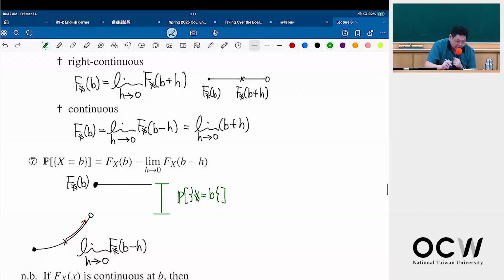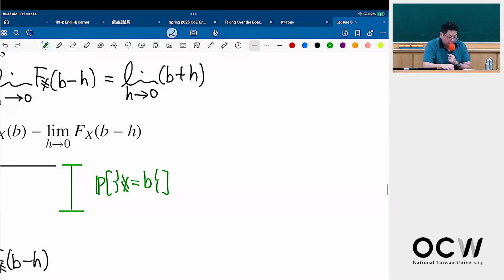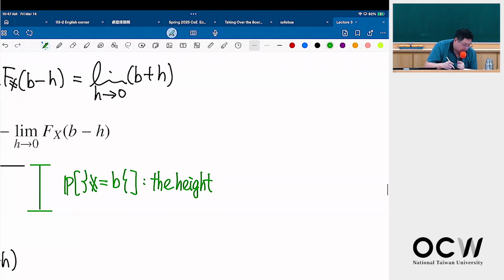This is just the probability of x equals b. Okay, and this probability is the height of the gap.